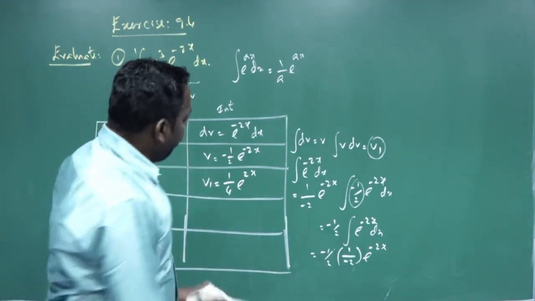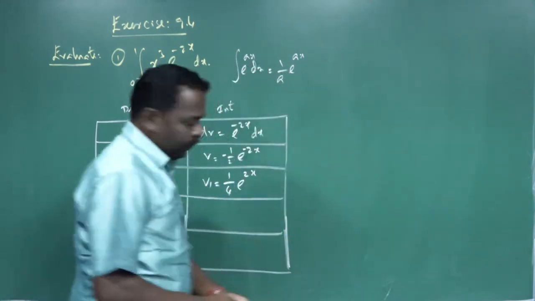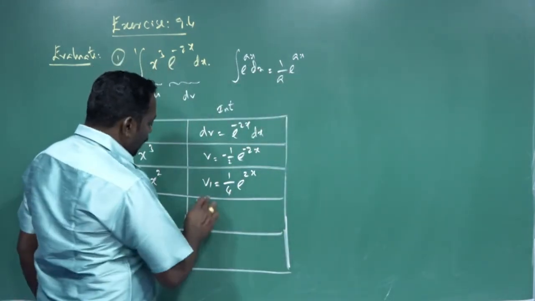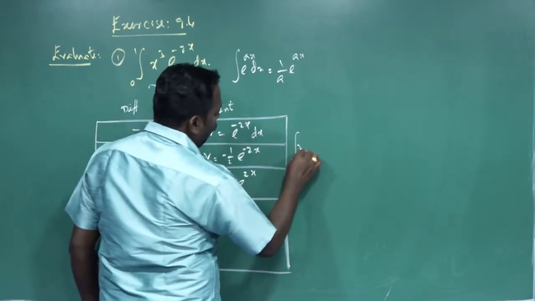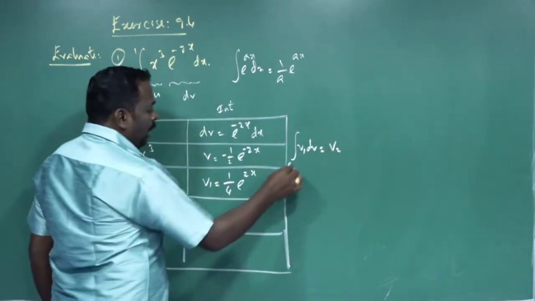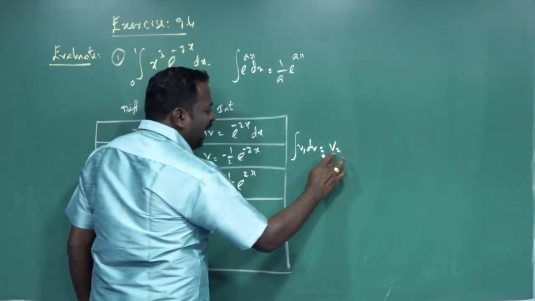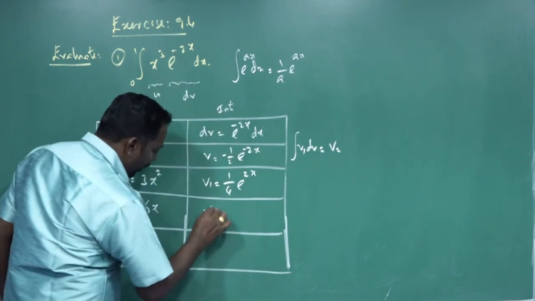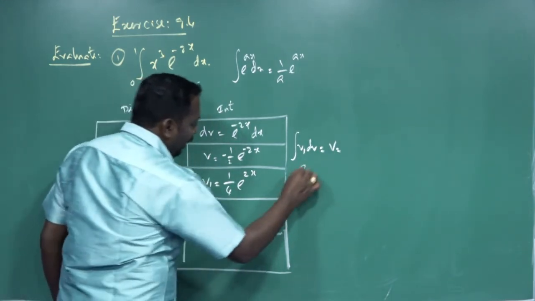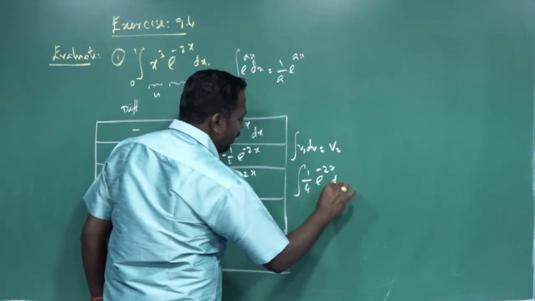Now next, similarly, integrate the next one: integration of v1 into dv is equal to v2. Integration of v1 into dv is defined by v2, which is equal to integration of the right hand side, 1 by 4 into e power minus 2x into dx.